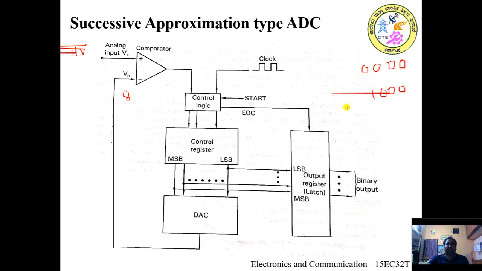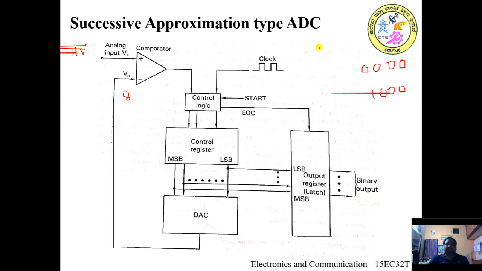It won't be cleared. Similarly, if VA value is less than VD, it indicates that the actual analog value is less than the approximated value VD. This makes the control logic reset the MSB bit to 0.